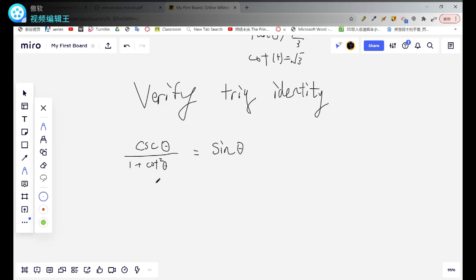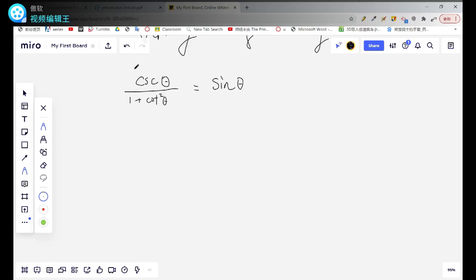Okay, so basically what they're asking is, they know that this is true, but how are you gonna prove this? You have to prove this through steps. So basically we just need to prove this is sine theta, and that's all we want to prove.